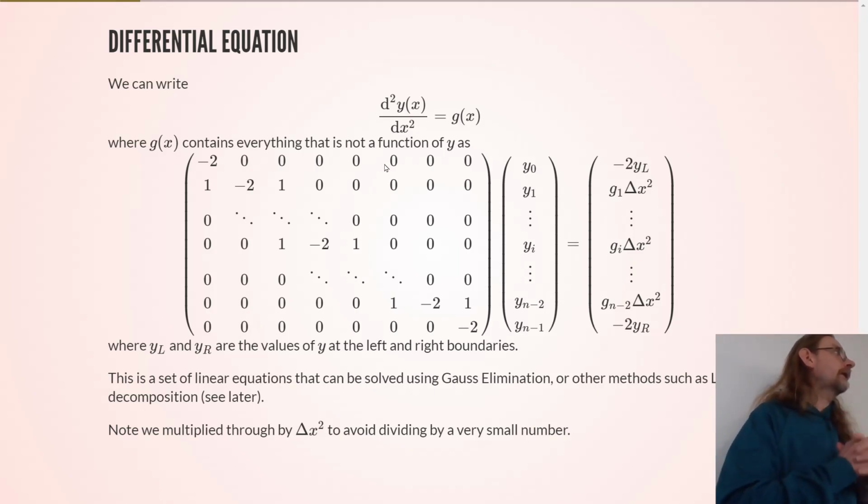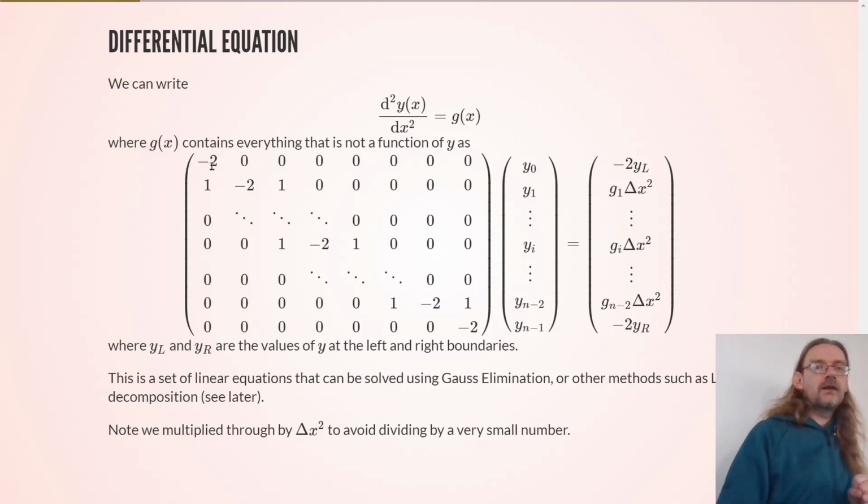And that unknown vector is just the numerical value of y at each of the data points. So it is our numerical approximation to the solution. The only thing I've got left to deal with is the top and bottom row.